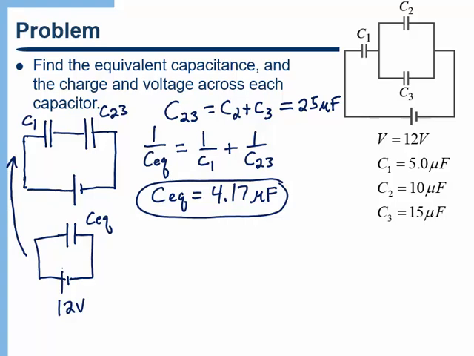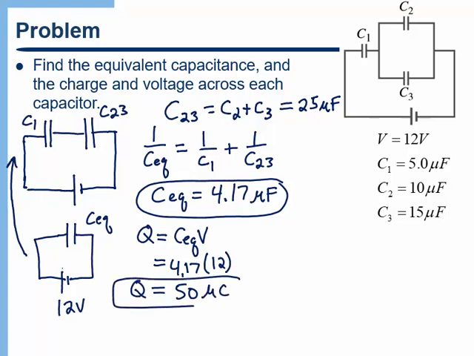So notice that I can find the charge on my equivalent capacitor. In other words, the total charge on C equivalent is just C equivalent times V. And we've got 4.17 times 12 volts. And that gives us a charge of 50 microcoulombs. Okay, so that's Q, the charge on our equivalent capacitor.